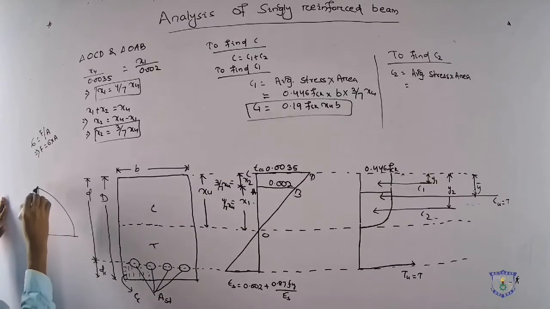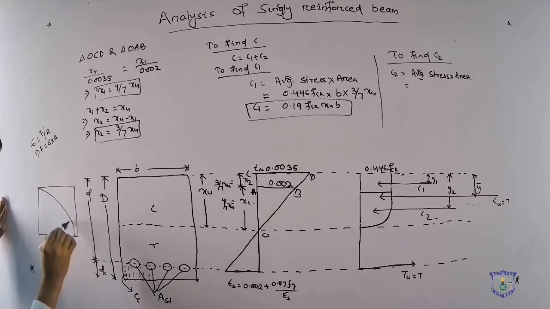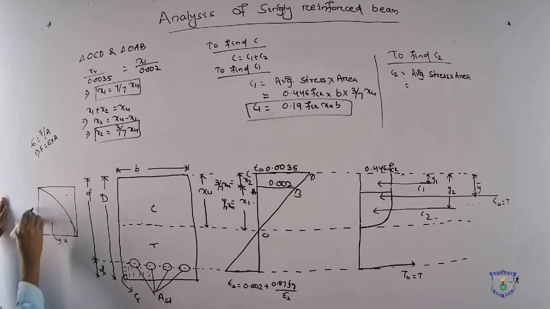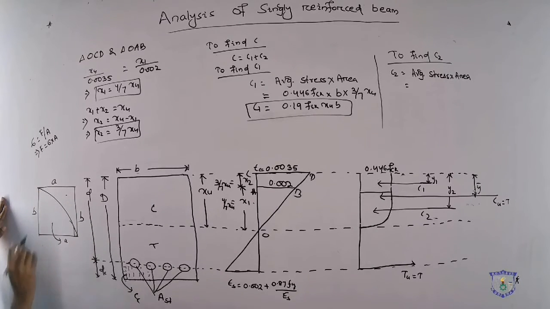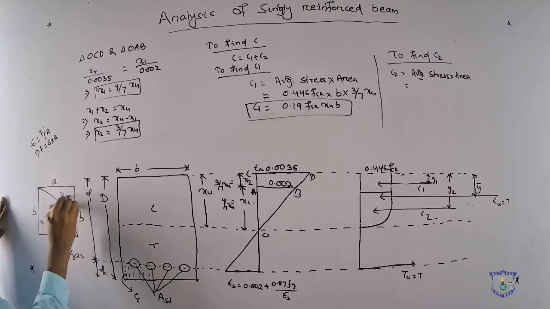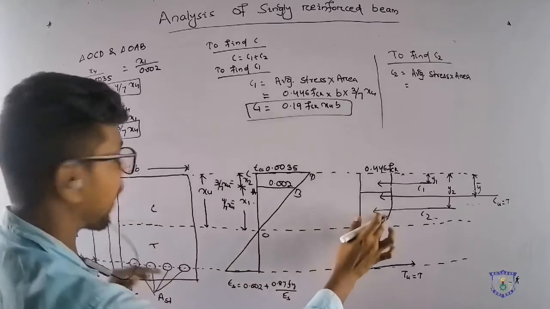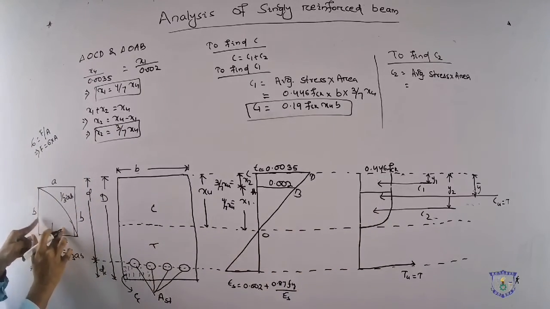This is the major parabola we draw, and this is the minor parabola. Let us take this as A, this as B. The area of the major parabola is 2/3 of AB, and the minor parabola is 1/3 of AB.